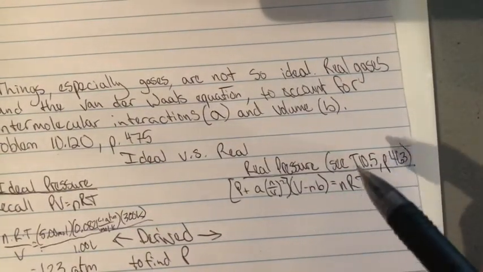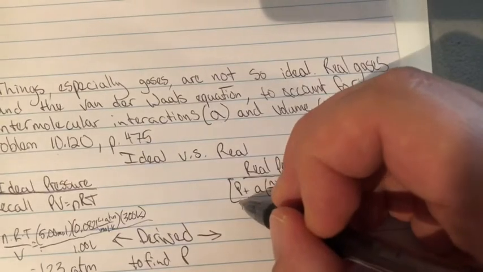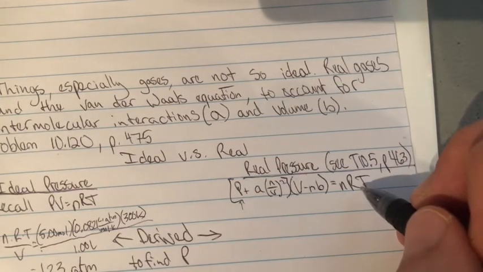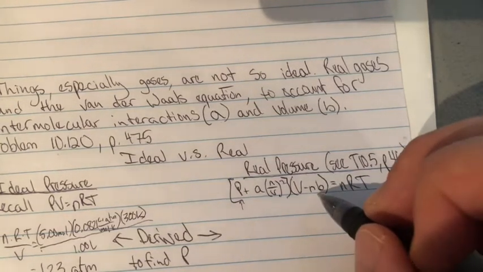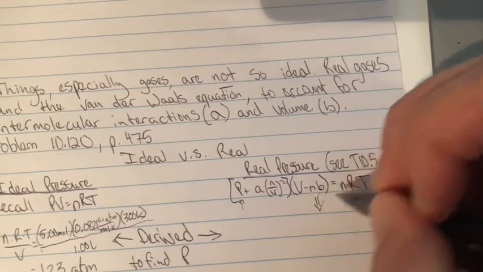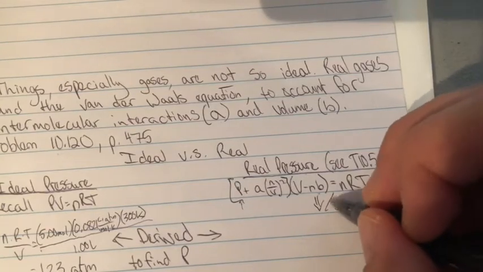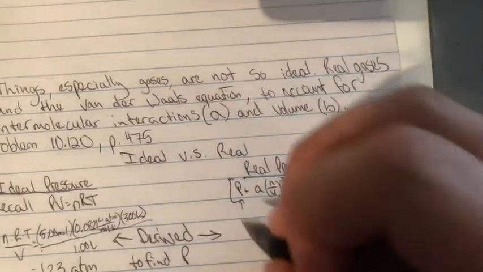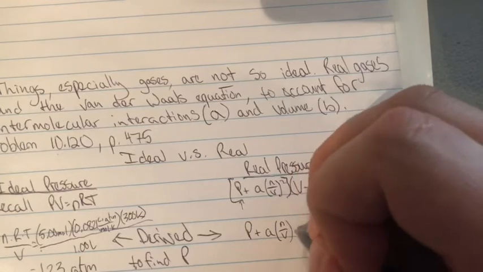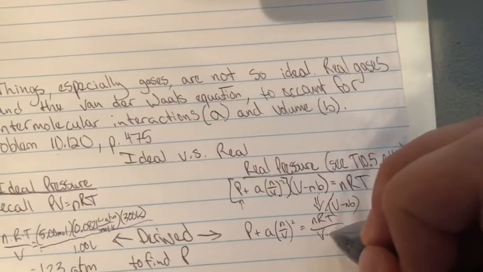So see what sort of algebraic manipulation you can do to solve for P. So P plus a times n over V squared is equal to nRT over V minus nb.